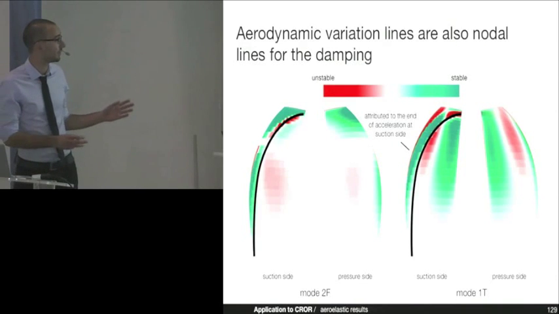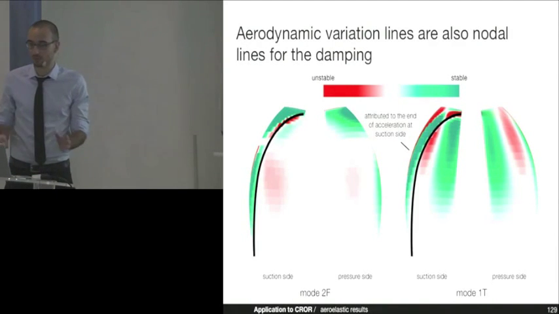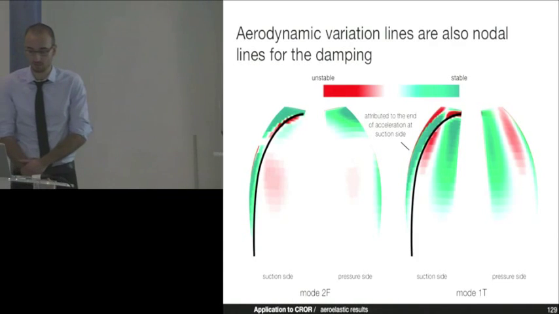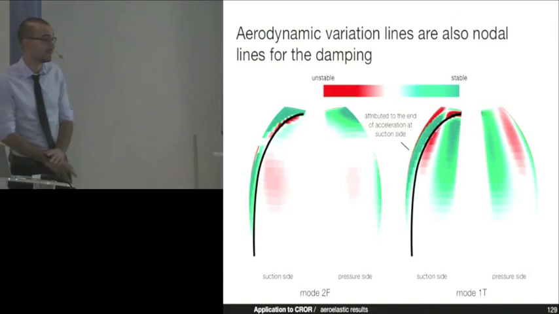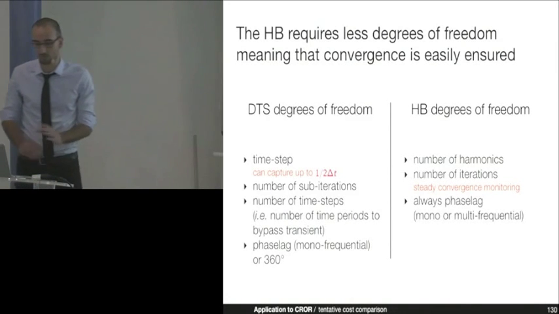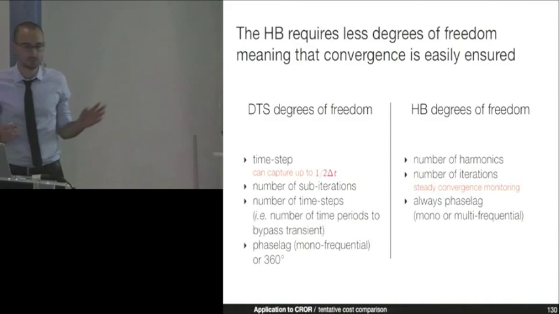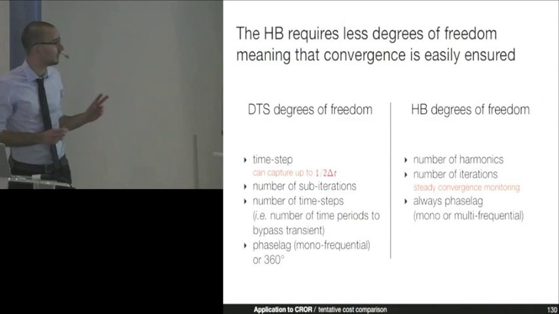So now that we've computed the multi-frequential harmonic balance for CORRE blade flutter, we will now try to estimate the cost of this method compared to classical methods. So this is just a tentative, and it is hard to do because there is no right way to do that, but I'll try. We can split the problem into degrees of freedom.